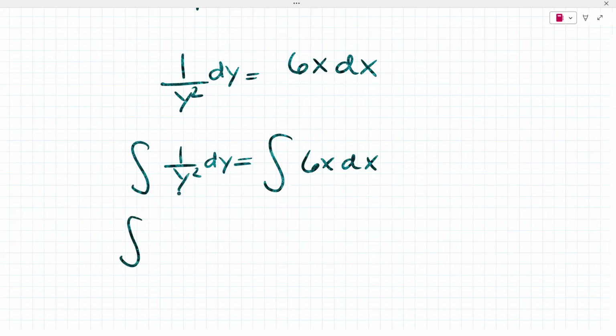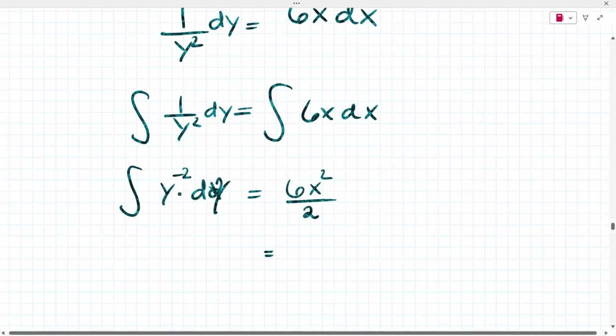Maybe I can rewrite this as a negative power. 1 over y squared could be expressed as y to the negative 2 dy. And then this one's easy. What's the integration of 6x? It is 6x squared over 2. So that is 3x squared, and then don't forget the plus c.